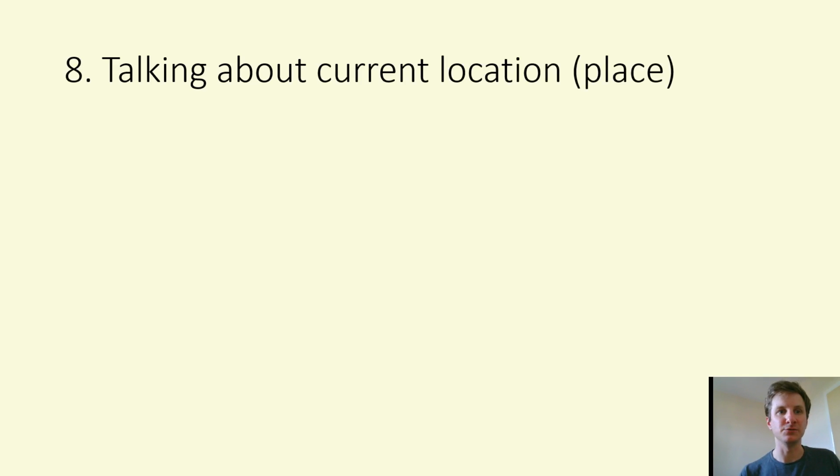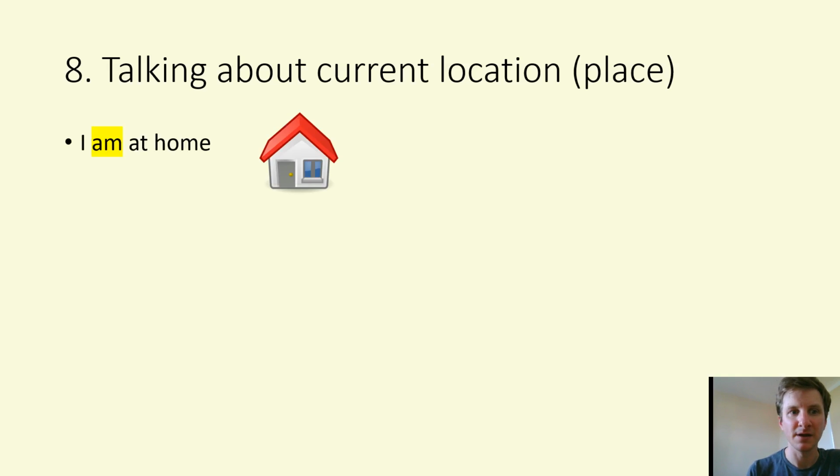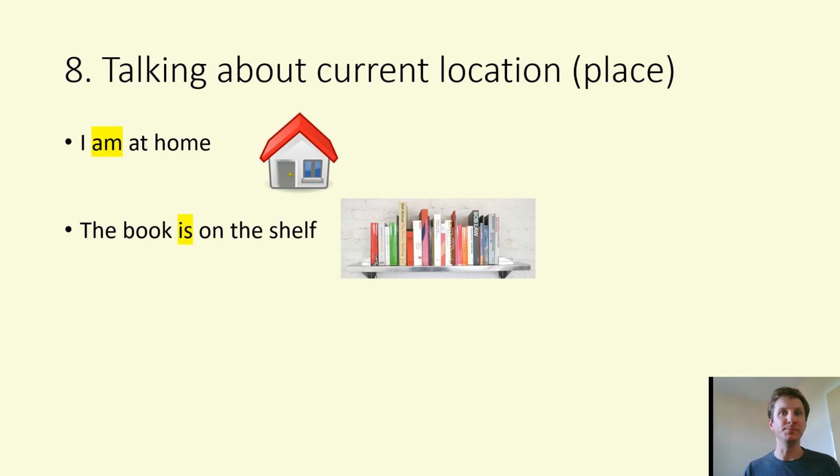Number 8, we use the be verb when talking about our current location. Current location means place. For example, I am at home. I'm at home now. The book is on the shelf.